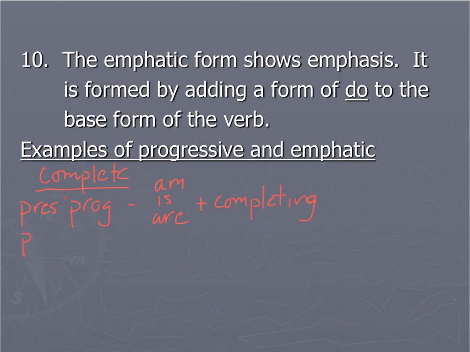For the past progressive, it's going to be was or were plus completing. And then future progressive is going to be will be, that's going to be a helping verb, and then completing.